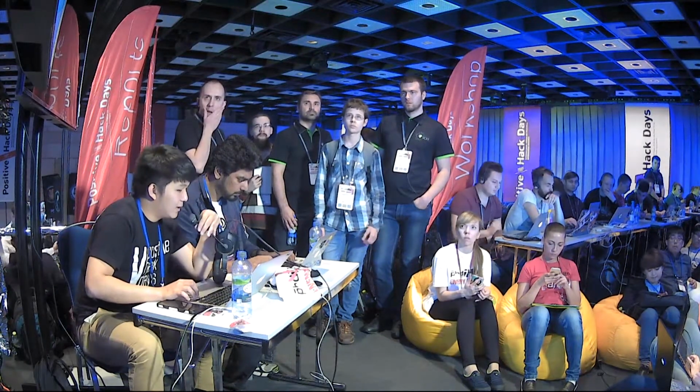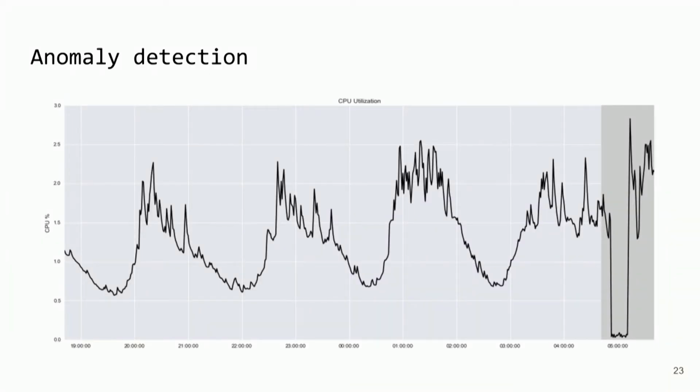So this is a simple plot of CPU utilization over time. This is a single dimension time series plot, and you can see it's very obvious to a human that at the very end of the graph on the very right side there's an anomaly. This anomaly can be due to a number of reasons, but a very simple method to find this would be just to define a threshold.